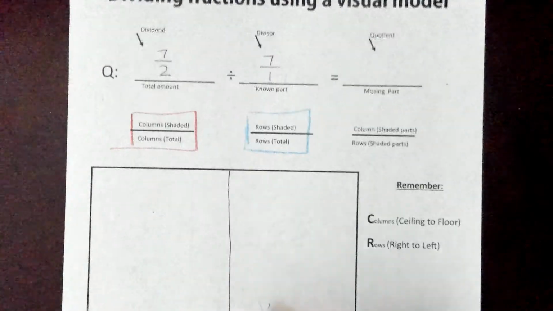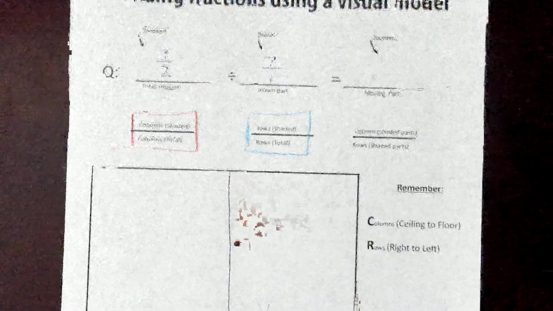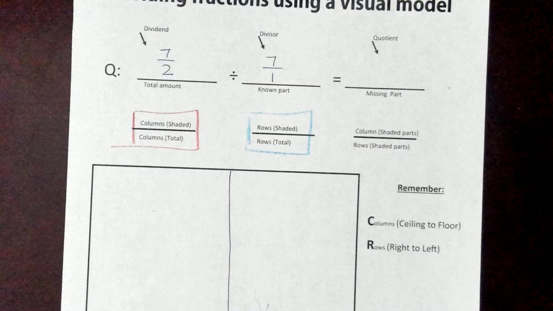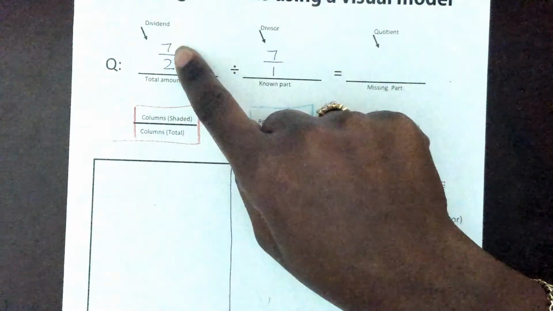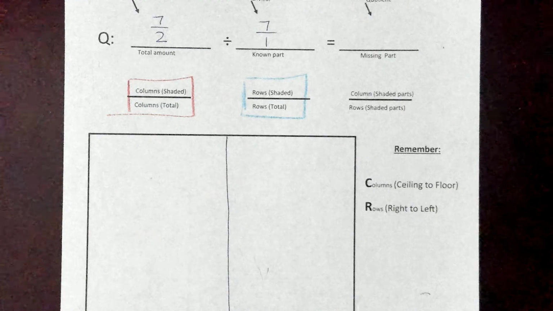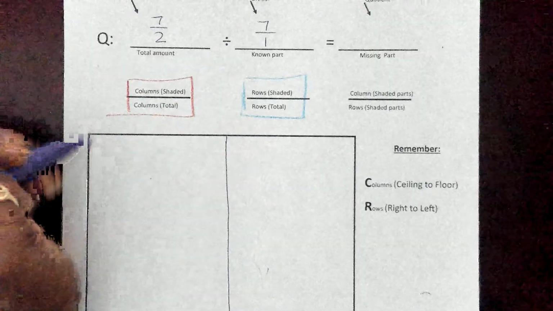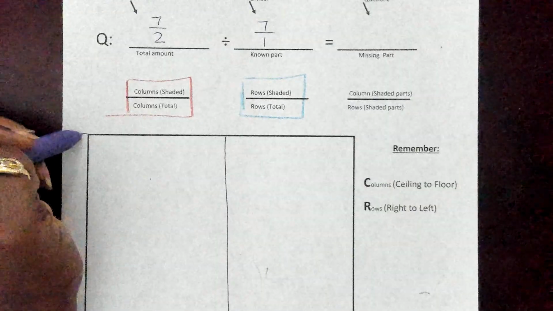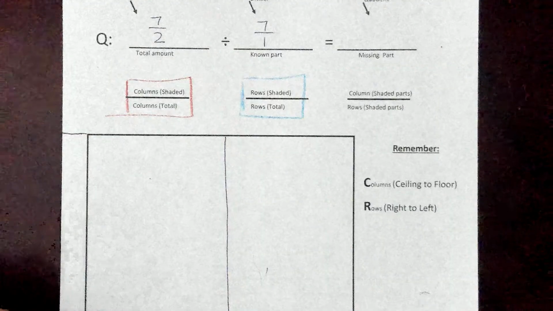All right, now we need to figure out how many columns we are going to shade. In this case, it says that we're shading in 7 columns, but we only started out with 2. So we're going to add on to our original model. We need to have a total of 7 now. I'm going to add on both sides to try to give us our 7.